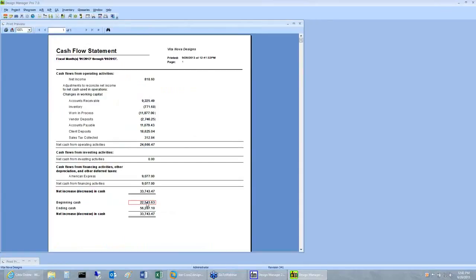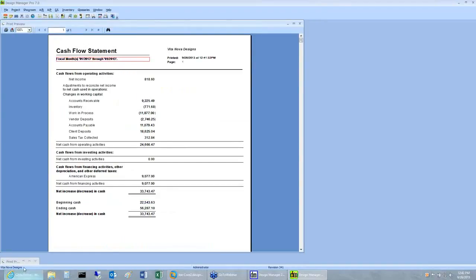So I'm running my cash flow statement from January to September. So my cash increased $33,000 between January 1st and September. So here this month is the beginning balance and that month is the end.